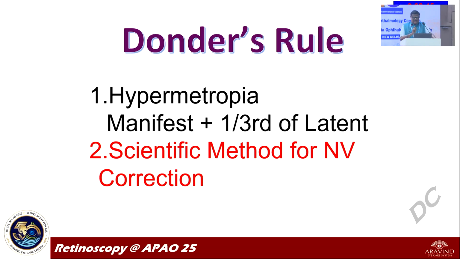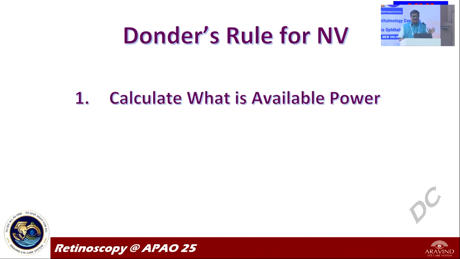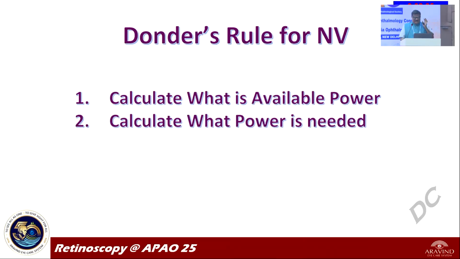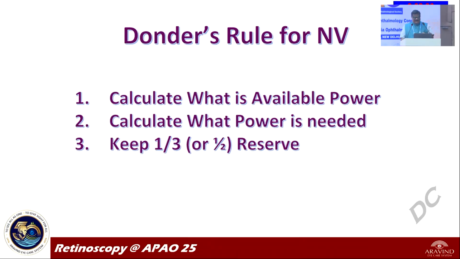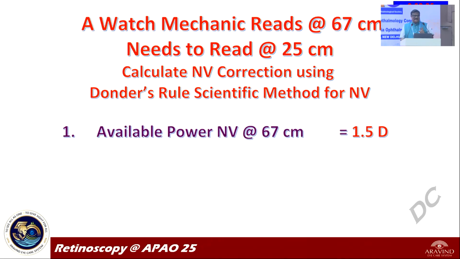I have 1 minute. Normally for hypermetropia, you give manifest plus 1/3 of latent. In the scientific method for distance, it's also called near vision. So you have to calculate what is the available power. You need what power is needed and keep 1/3 reserve. I'll give you an example. A watch mechanic reads at 67 centimeters. What is his power? 100 by 67, isn't it? So he has a power of 1.5 diopters.